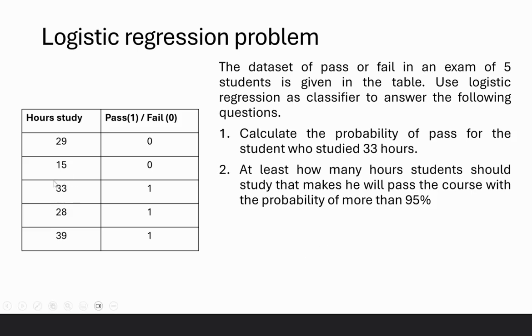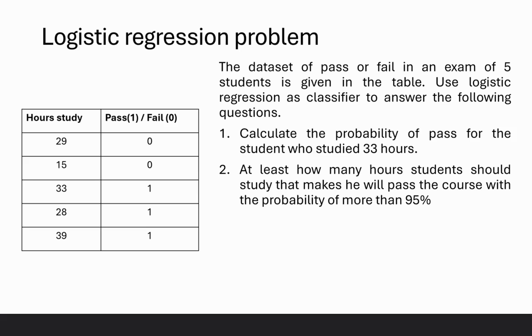From the data set, you can conclude that if the student studied 33 hours, they will pass. They are also giving you a probability percentage and asking you to calculate the hours of study that will make the student pass the course with the given probability.